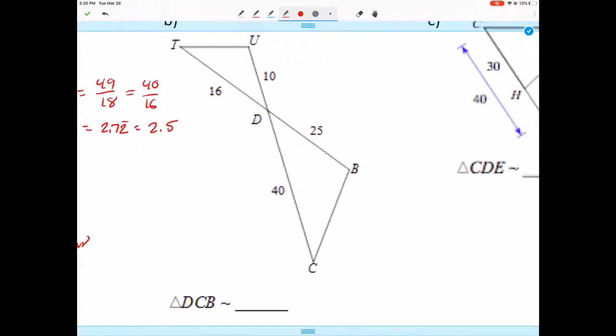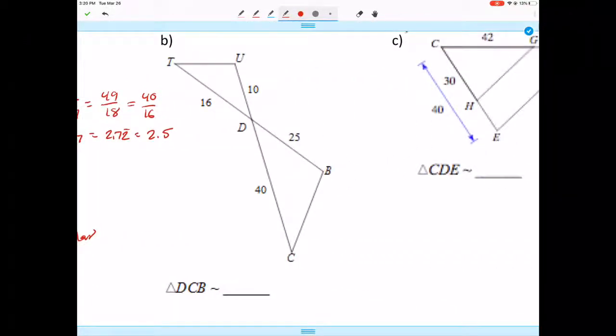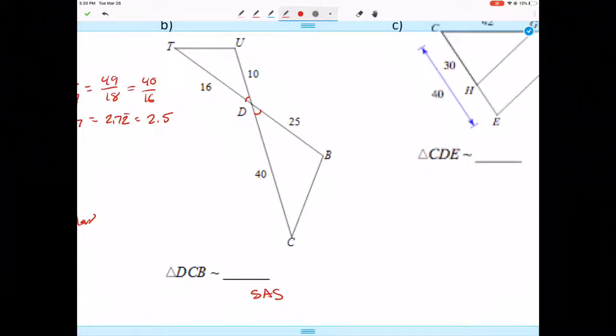All right, here's another problem. What type of theorem are we going to use? Considering that these are vertical angles and we have two sides for both, we would probably want to use side angle side. We know that angle TDU is congruent to angle BDC by vertical angles.